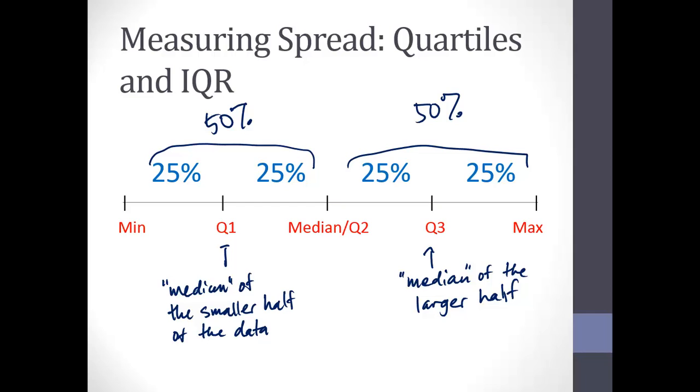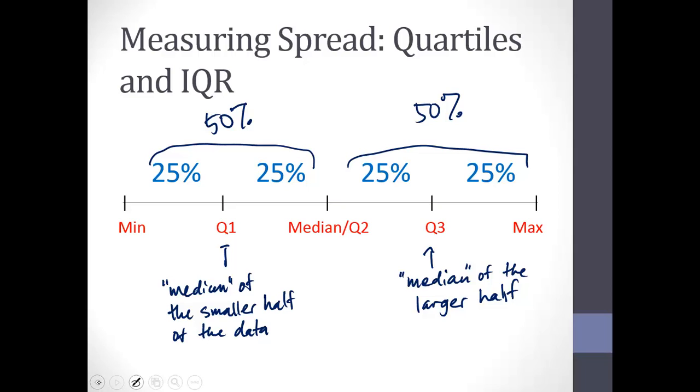If you put your numbers in order as we did in that previous example, that's the spread there. And yes, another name for the median is the second quartile. If that helps you, you're welcome to use that terminology, though we usually just call it the median.